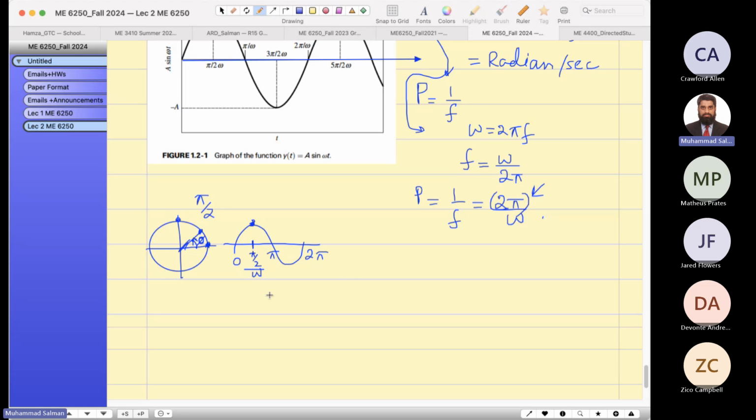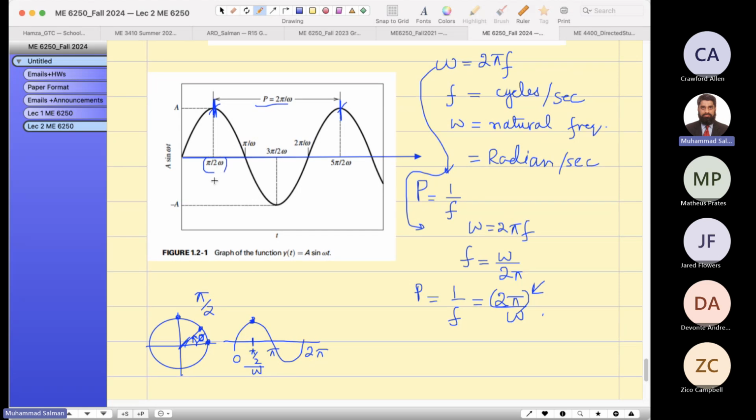Suppose omega is 1 radian per second. Then pi by 2 is the time in terms of radians, so I will say time period. You see my point? Omega is coming like over here, so similarly you will divide by omega.